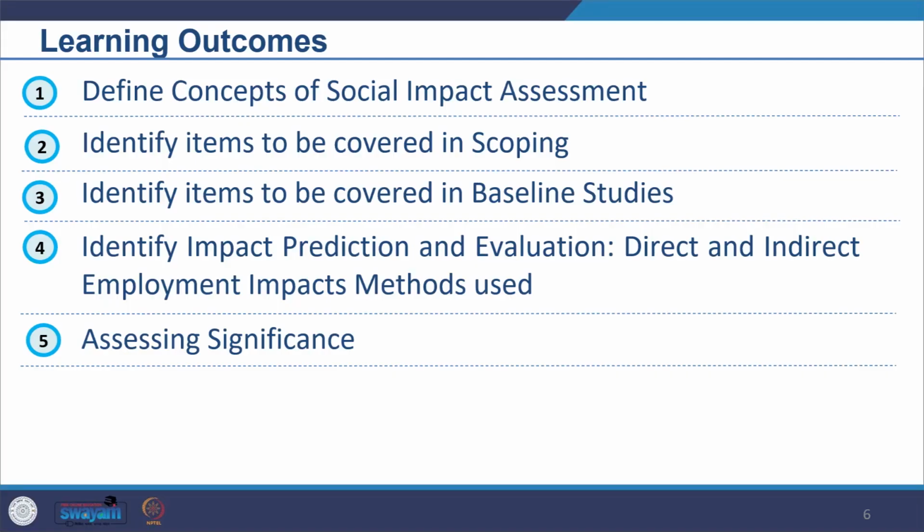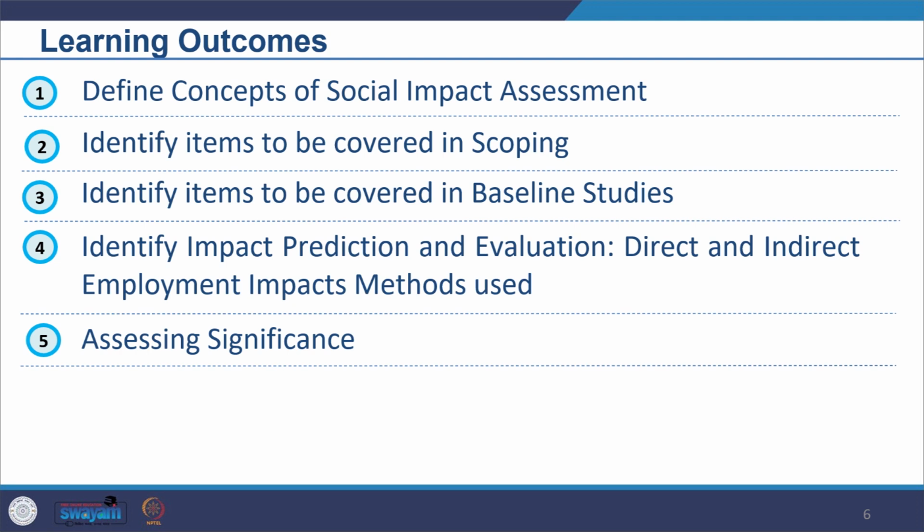So looking at the learning outcomes, what is expected out of you after you complete the session is that you would be able to define the related concepts in here. And then you should be able to identify the items to be covered in scoping, and similarly identify what you should cover in baseline studies and how you approach that.